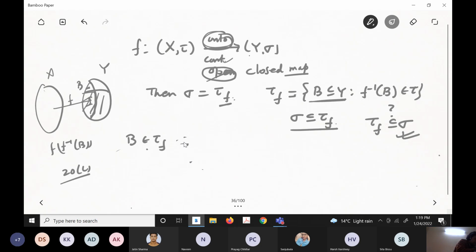Look, V belongs to tau F implies Y minus V is closed in (Y, tau F). Okay?